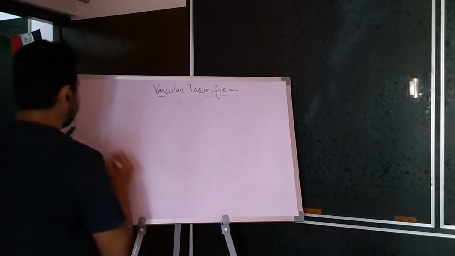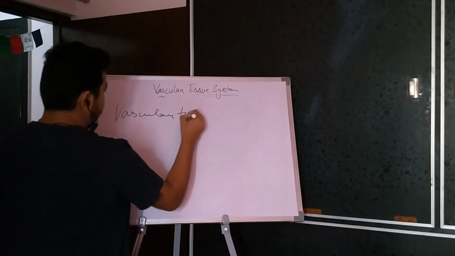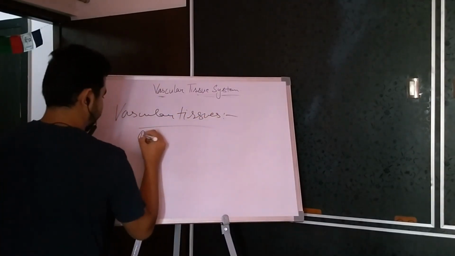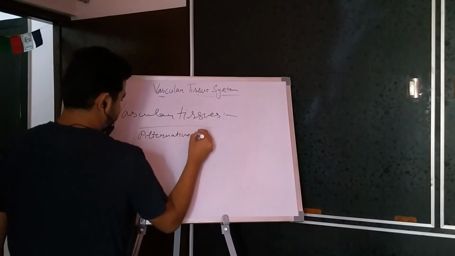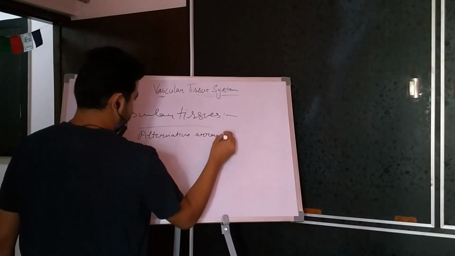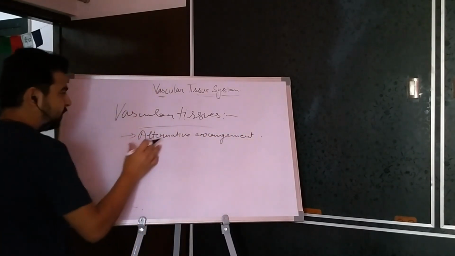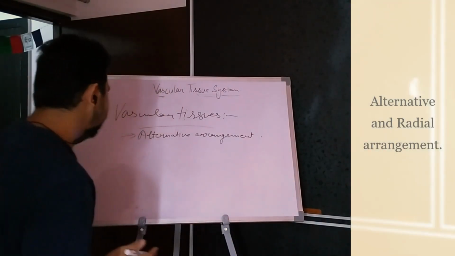So in roots, the arrangement of these vascular tissues is in an alternative pattern. Basically, this alternative arrangement for the roots of monocot and dicot is similar.